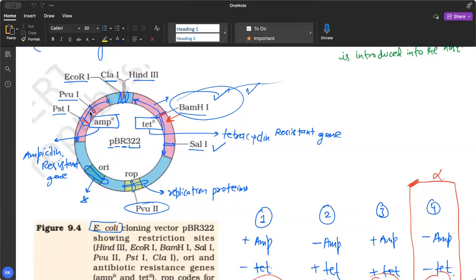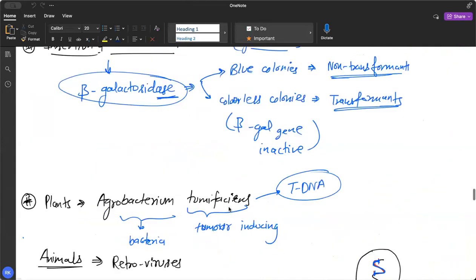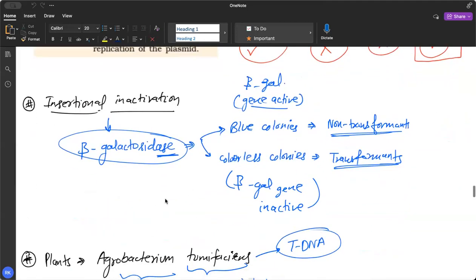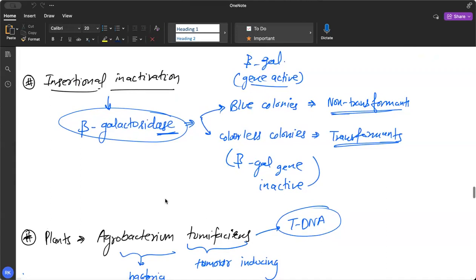This comes pre-made, and based on your experiment, you can conveniently choose which restriction endonuclease you want to use to cut the vector and to put your DNA inside it. And then we talked about insertional inactivation. So be ready for a question on insertional inactivation in boards. It could easily be a 3-marker question to explain what is insertional inactivation.